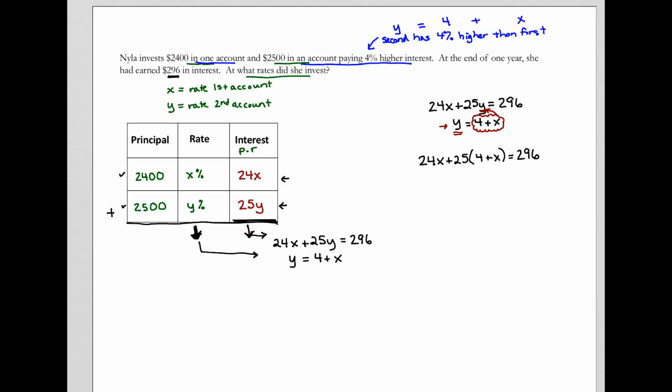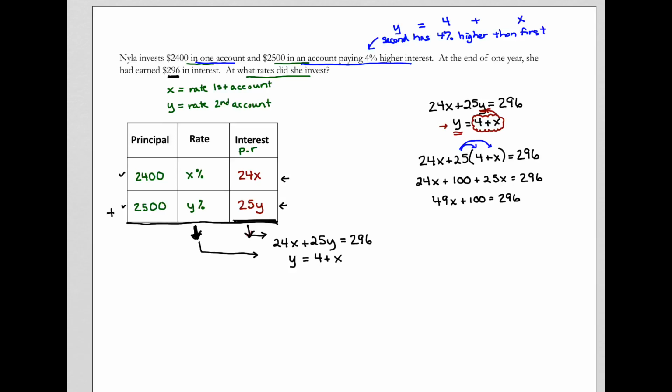Now I'm going to do a quick little distributive property here. I'm going to take 25 times 4 and then 25 times x, and that gives me the equation 24x plus 100 plus 25x equals 296. I'm going to continue solving for x, so that gives me 49x plus 100 equals 296.